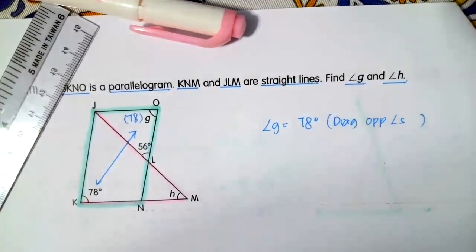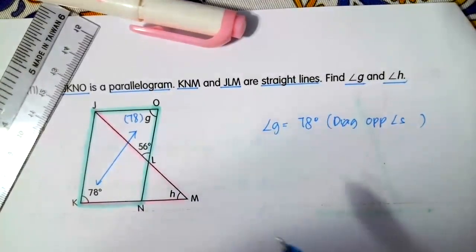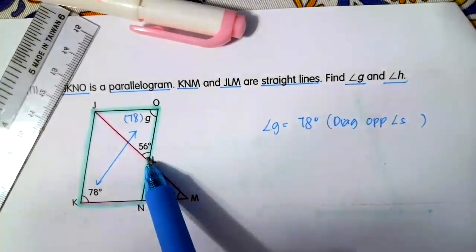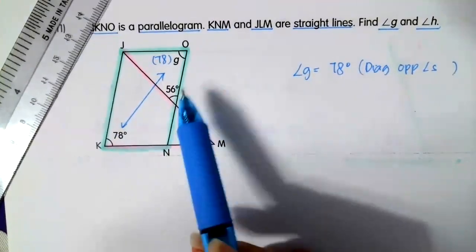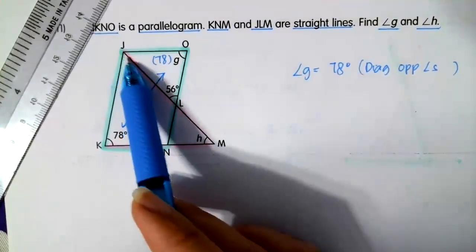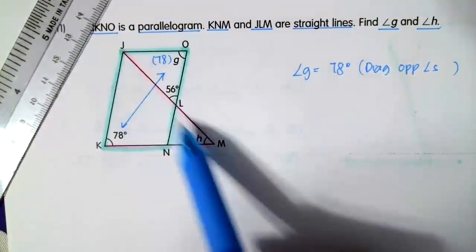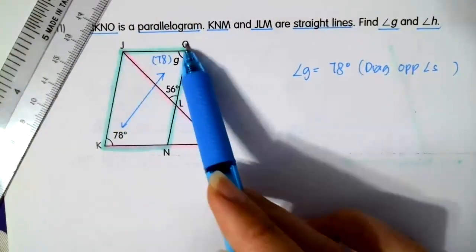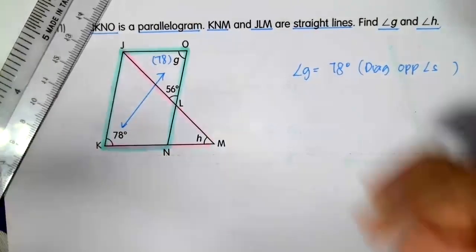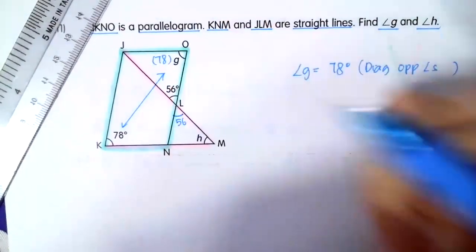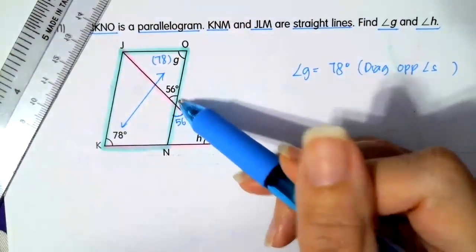Now, next, how do I proceed on to find H? Actually, it's also very easy as well. Can you see there's a 56 here and a 56 degree here? So can you see that there are two lines that cross each other, line ON and line JM. So when they cross, they form the X-men. So vertically opposite angles, these two will be the same.